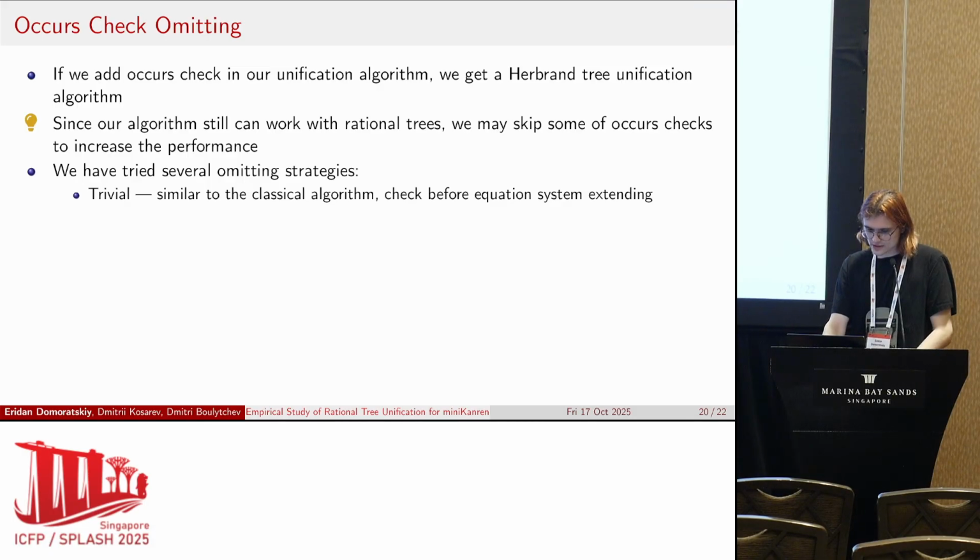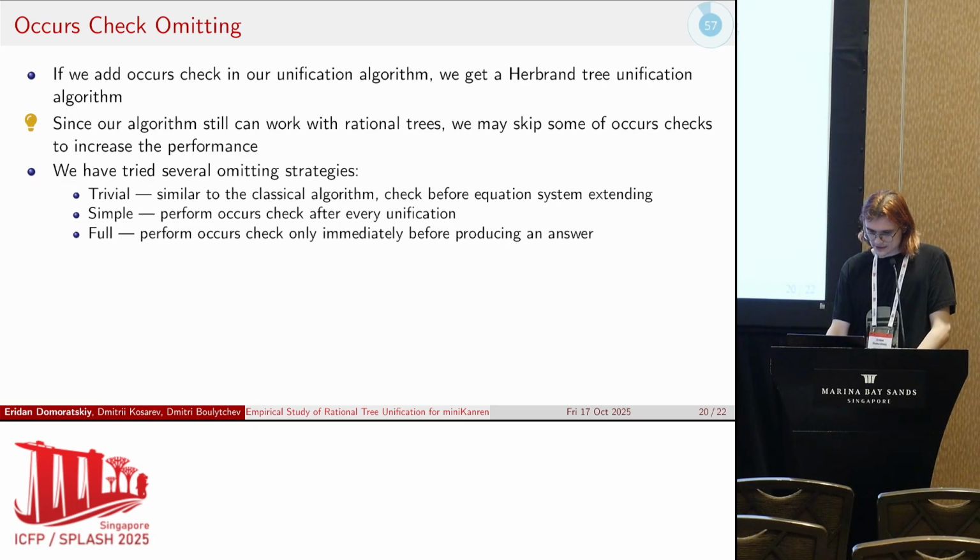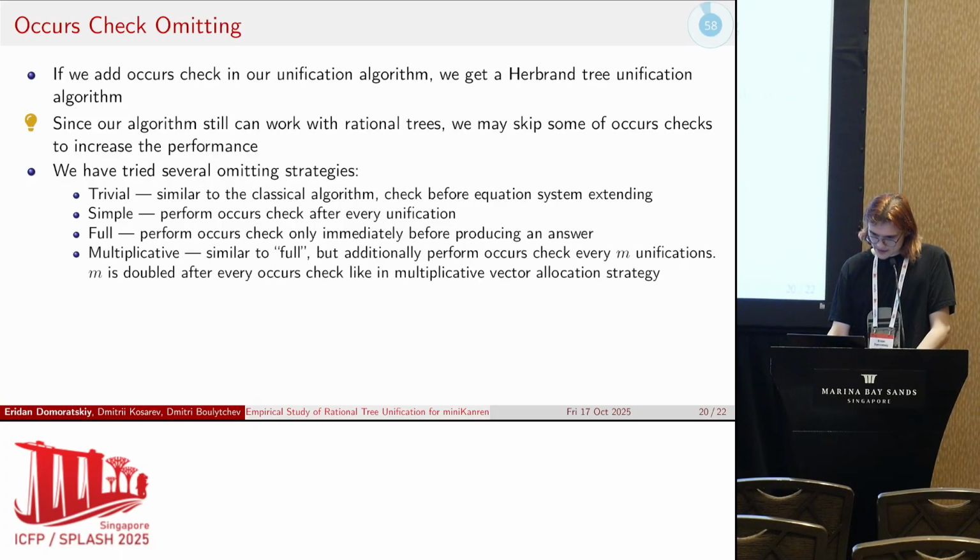The trivial one is just the classical one. Simple: we check variables right after the whole unification, after one unification conjunct was processed. Full is checking after the whole run. Multiplicative is similar to full, but additionally we do occurs checks every m steps, where m is doubled after every check.